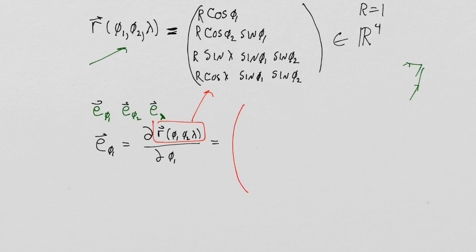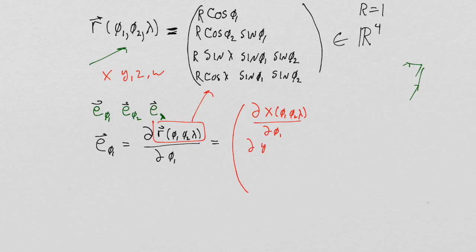I would say, remember, we're dealing with x, y, z, and w. So it's going to be the partial derivative of x of phi 1, phi 2, lambda, with respect to phi 1.